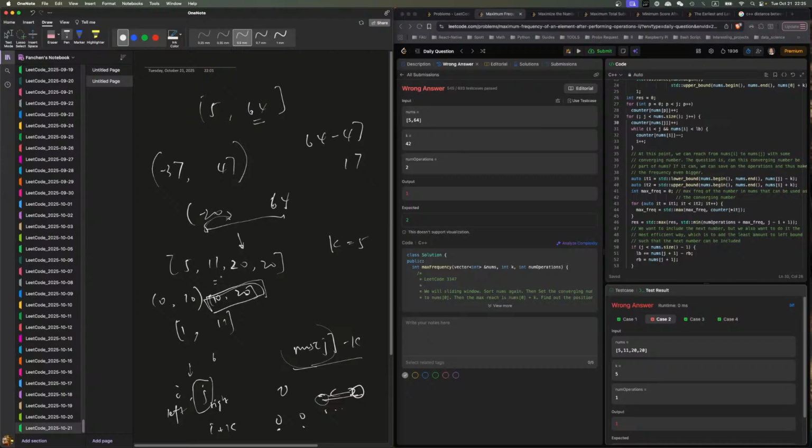I shrink the left bound plus equal to, I don't know. Sorry, which is I. So the next thing I can do, I just move it forward, right? Move forward to this.